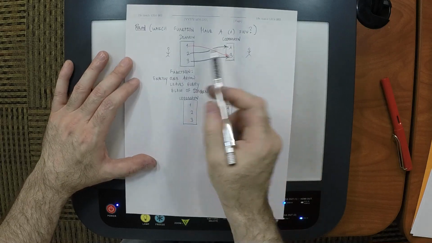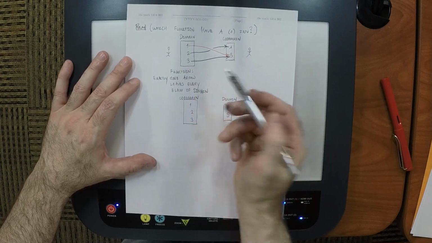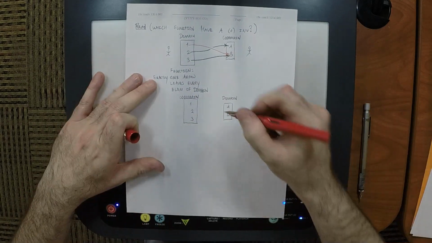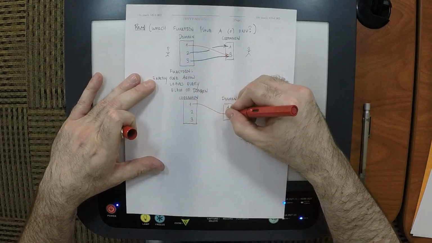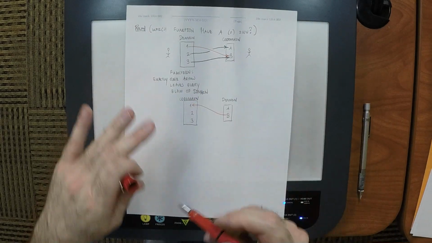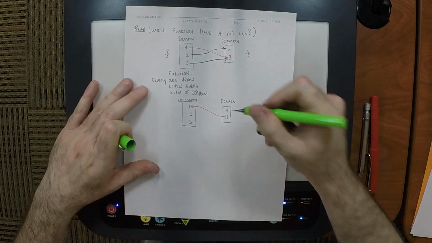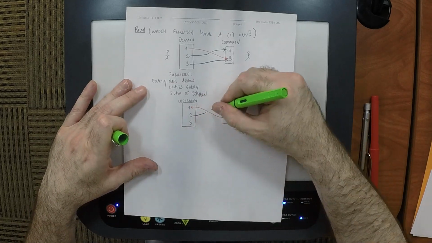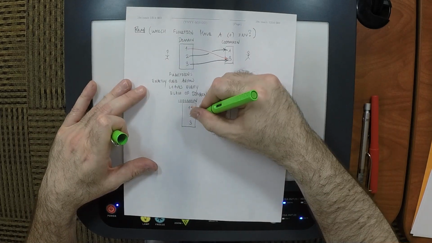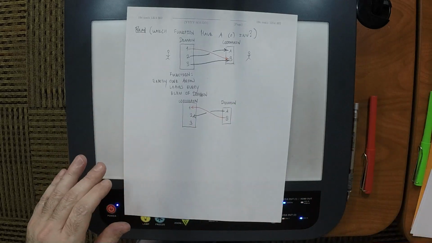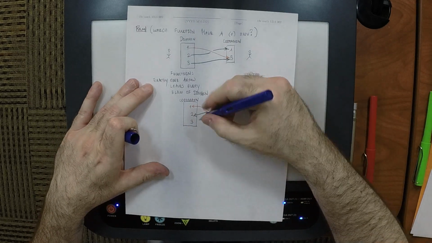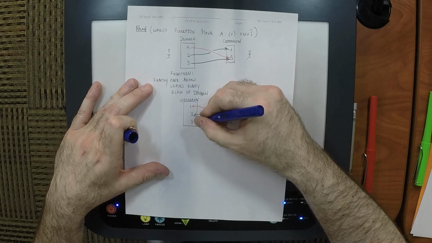I'm going to keep the connections the same, so 1 is still connected to B, but I'm going to turn the arrow around so that it's now pointing that way. And 2 is still connected to A, but pointed that way. And 3 is connected to B, but pointed that way.